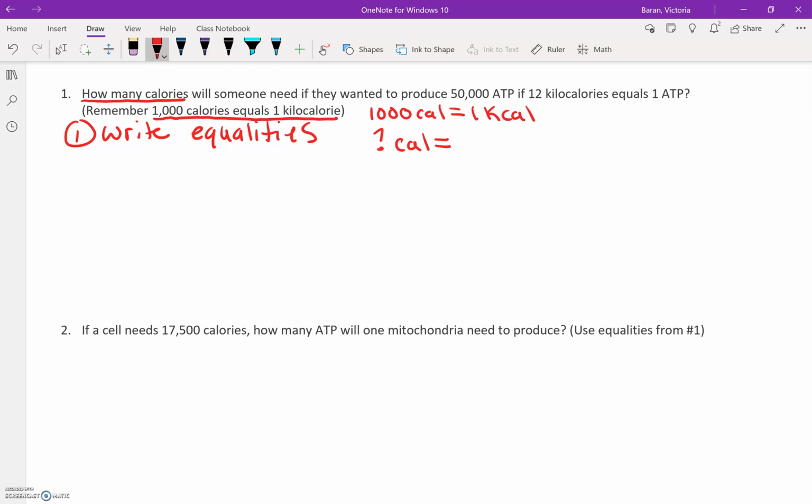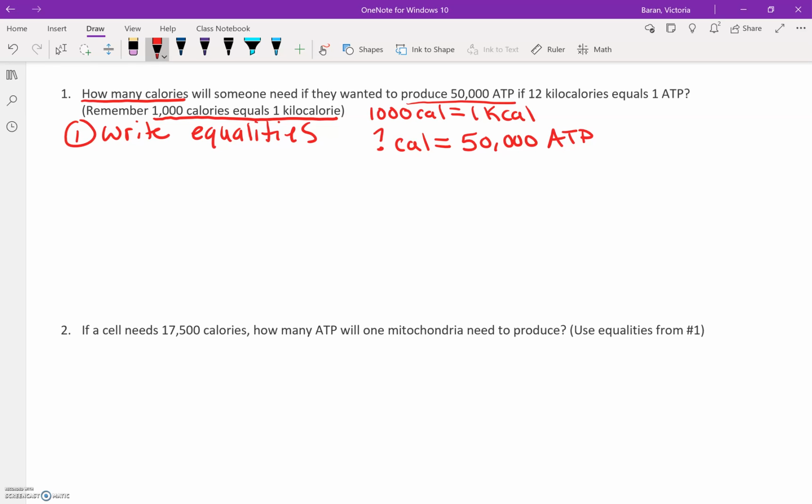How many calories will someone need if they want to produce 50,000 ATP? So that means question mark calories is equal to 50,000 ATP.